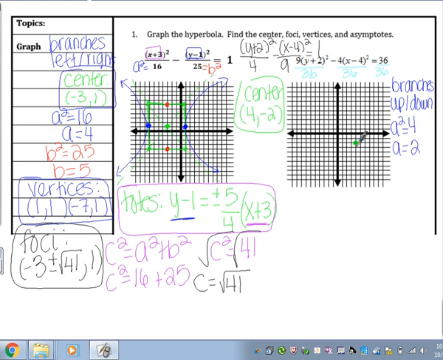And so from here, I've got to go up 2 and down 2 because that's under y. So up 2, down 2. So that means b squared must be 9, so b is 3. So from the center, I'm going to go right 3 and left 3 because that is under x.